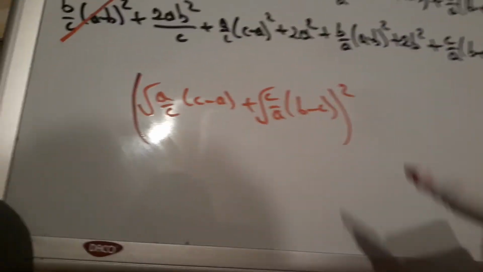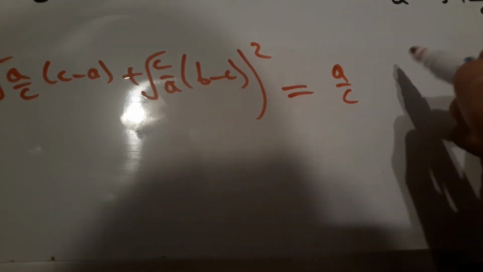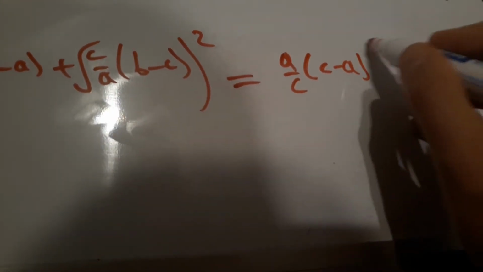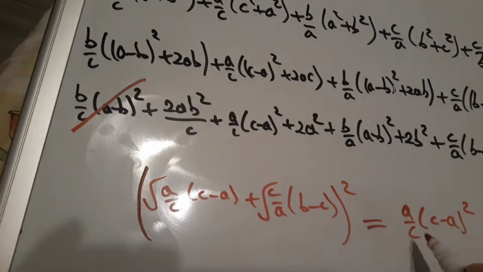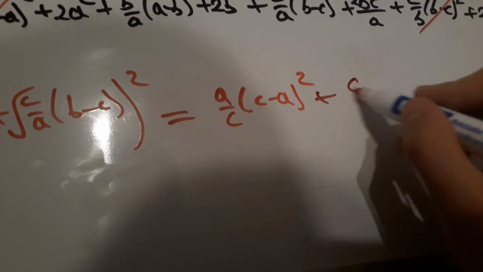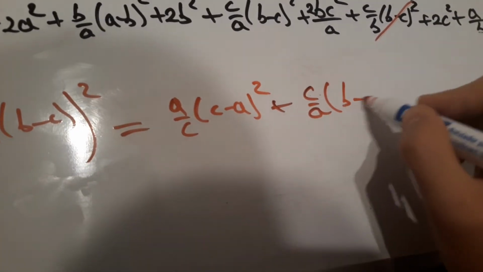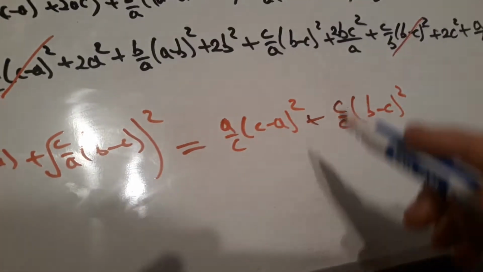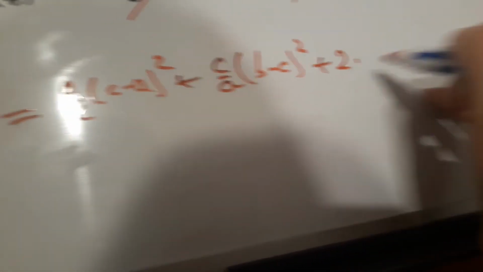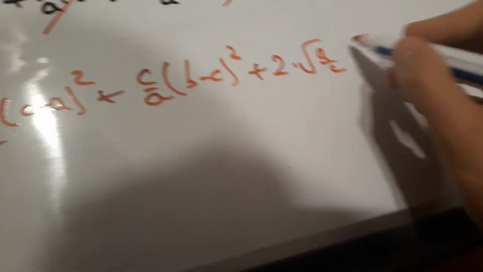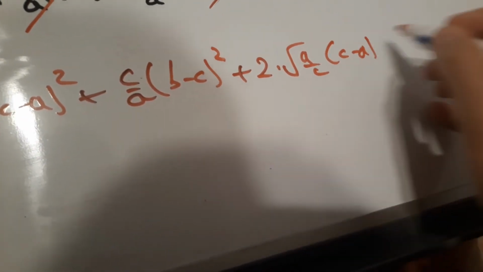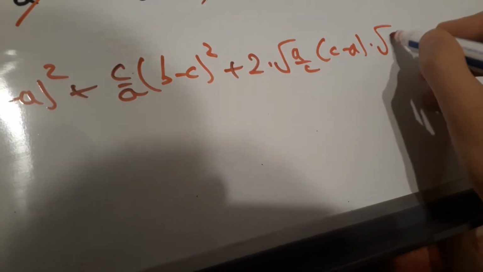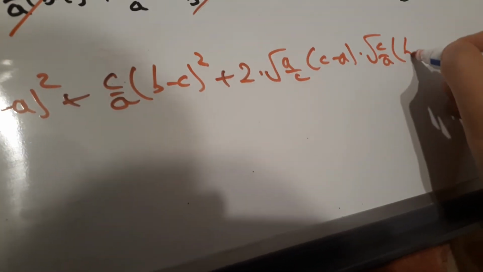Okay, now this binomial is equal to a over c times (c minus a) all squared that we already have, so cancel it, plus c over a times (b minus c) all squared from here, and then plus 2 times the square root of a over c times (c minus a) times the square root of c over a times (b minus c).